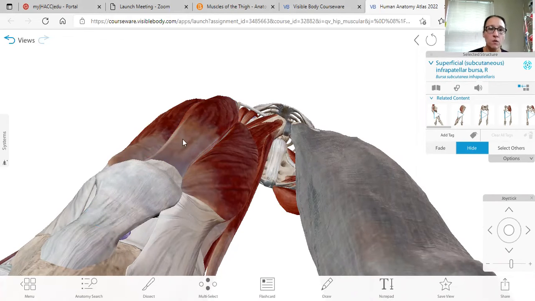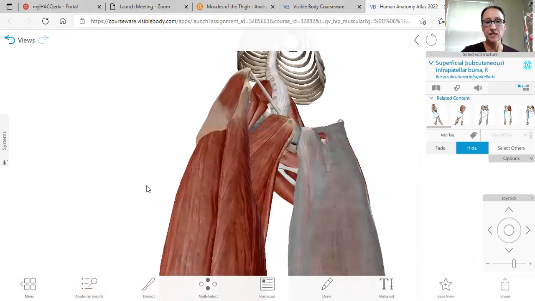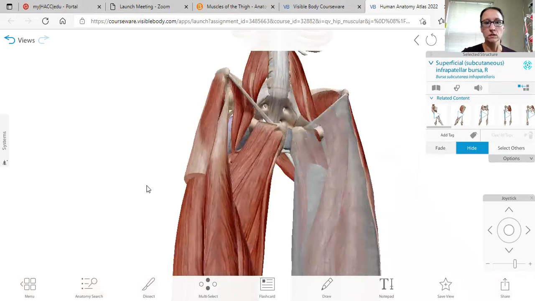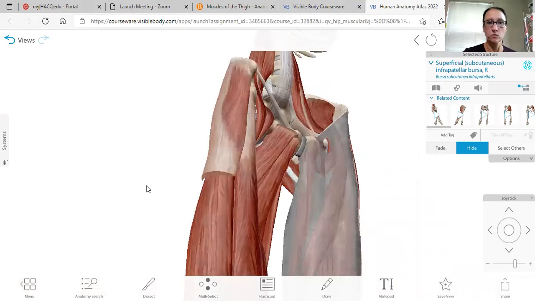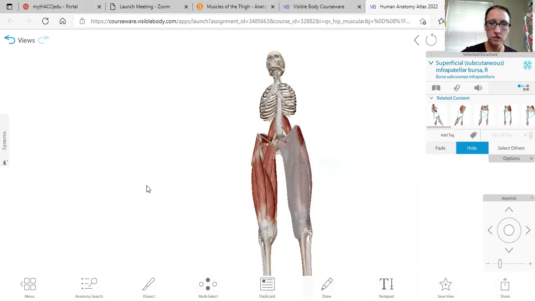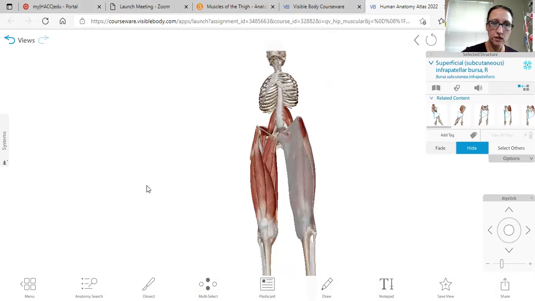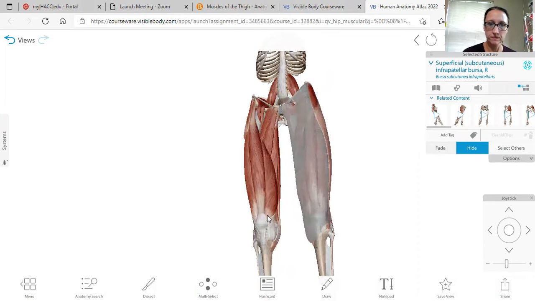Yeah. So the rectus femoris comes into, becomes continuous with the quadriceps tendon, which you see covers the entire patella. And then from the patella to the tibial tuberosity is technically the patellar ligament. But like I said, it's really all one structure. Make him small again. See, it's all one structure. All right.